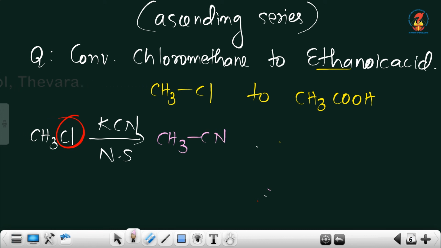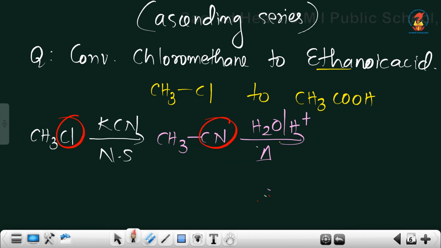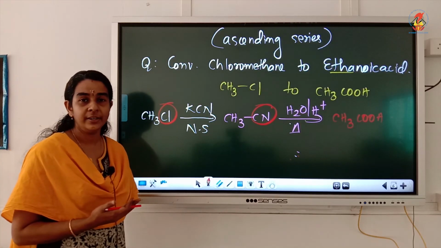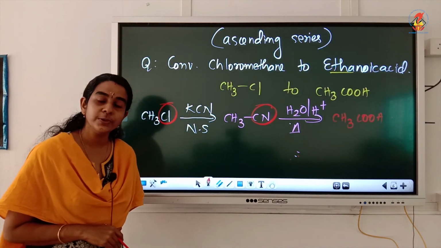Now how can we convert CN to COOH? By treatment with acidified water and heat. If you don't put delta or heat, you won't get carboxylic acid. So here CN will be hydrolyzed to COOH. So if we want to increase one carbon more than the alkyl halide, the method is to introduce CN.